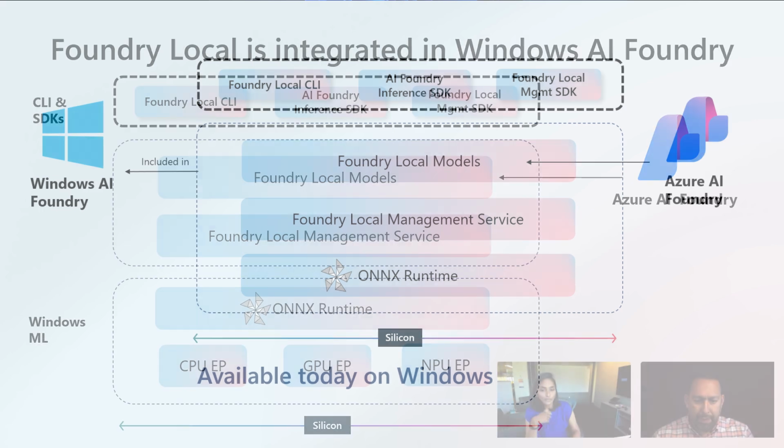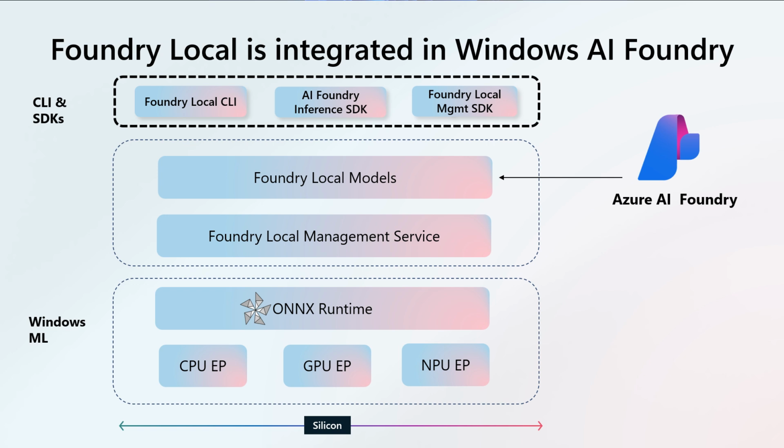Mm-hmm. So this is the reason why we want it integrated into Windows AI Foundry. Now we can use the intelligence of Windows AI Foundry to make sure that developers don't have the burden of figuring out whether their end user device has an NPU, GPU, or CPU, right? It is so burdensome for developers to have to package all these execution providers, which are little pieces, drivers that help you talk to different kinds of silicon.